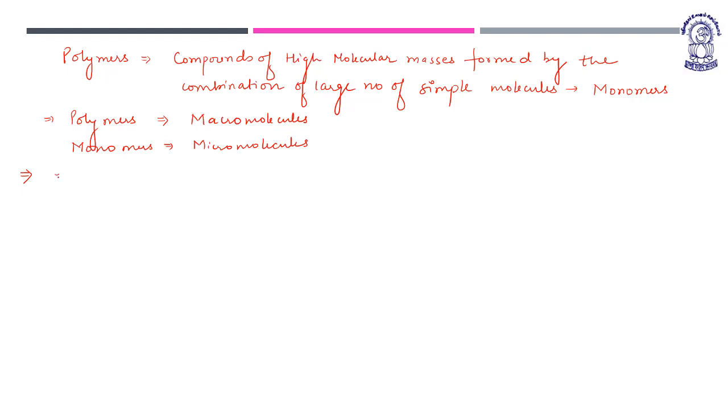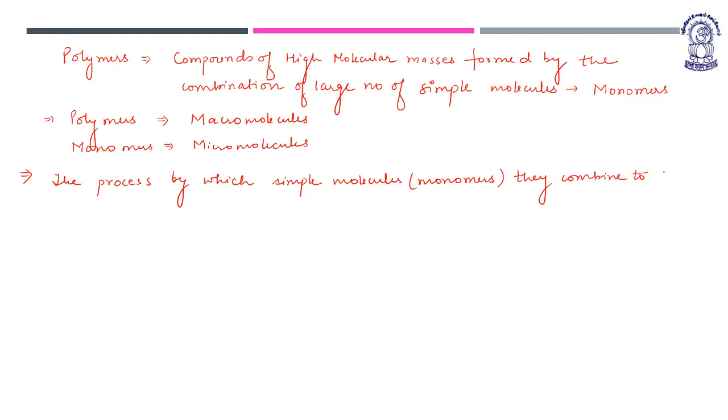The process by which monomers combine to form polymer, simple molecules, monomers, they combine to form polymers is known as polymerization.